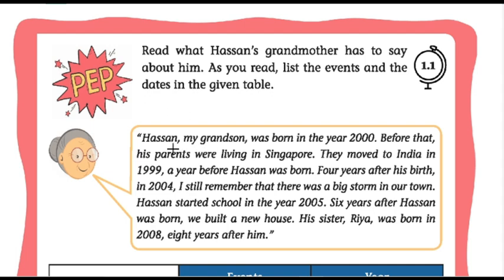Hasan, my grandson, was born in the year 2000. Before that, his parents lived in Singapore. They moved to India in 1999, a year before Hasan was born. 4 years after his birth, in 2004, I still remember that there was a big storm in our town.